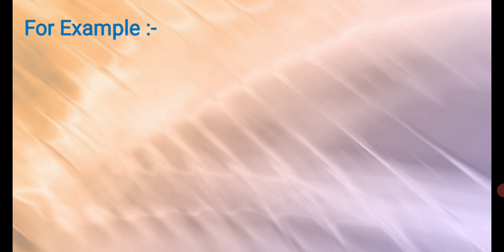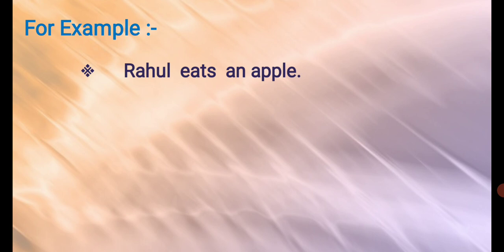Let's see the example. What are the verbs, meaning action verbs, and what is the helping verb in the sentence? Okay, so here is one sentence: Rahul eats an apple. Now you have an idea of what the subject is, what the doer part, the active part of the sentence is. Who is the active part of the sentence?